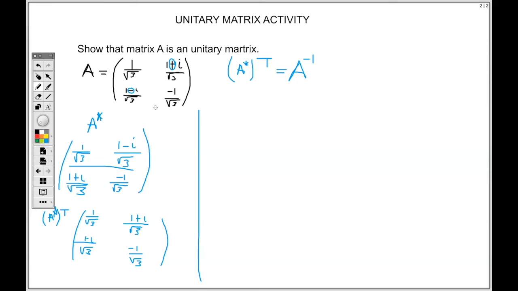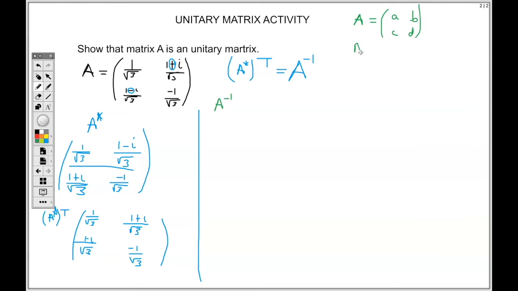Now the next side is where I will find the inverse of the 2 by 2 matrix. Let's remind you, what is the inverse? Let's have a matrix A, B, C, D. I will find the inverse.